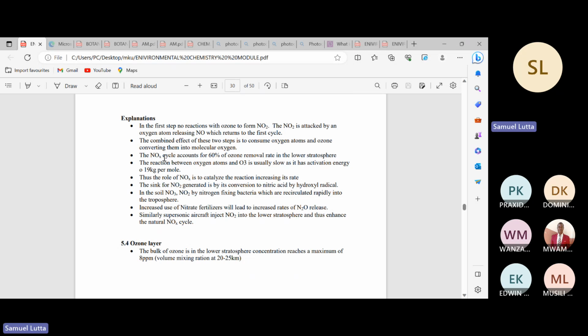So there is this NO cycle. I think this one is talking about what we talked about there, that NOx can also contribute to the removal of ozone.